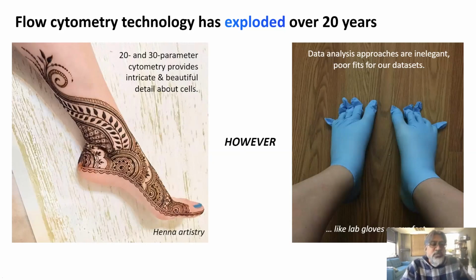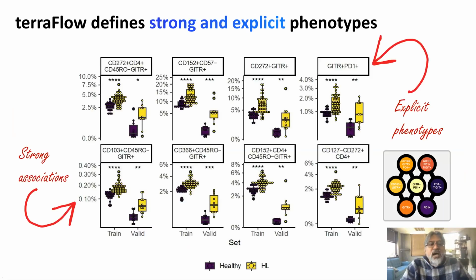So we put the data through terraFlow, and unlike FlowSum and CellCNN, we're actually able to define strong and explicit phenotypes. You can see that each of these graphics is headed by a real phenotype: CD272 positive, CD4 positive, CD45RO negative, GITR positive cells.